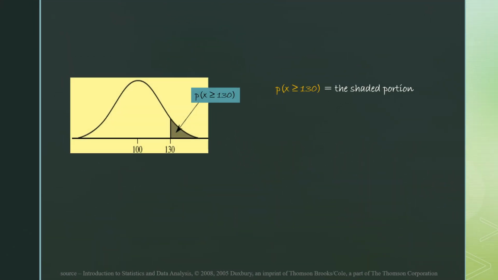The probability of x taking a value greater than or equal to 130 equals the shaded portion. X equals 130, mu equals 100, and sigma equals 15. Z of x equals x minus mu divided by sigma, that equals 130 minus 100 divided by 15, and hence z of x equals 2.0.